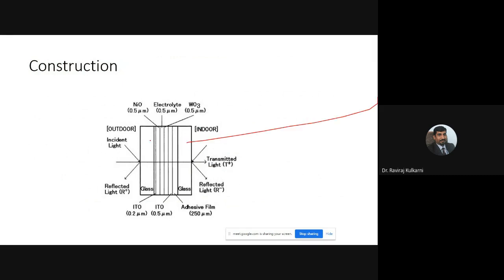These two are glasses. Inside, it is coated with a thin layer of ITO, 0.2 micrometer ITO. On this side they have applied some adhesive. Then they have coated a little bit thicker layer of ITO on this side.